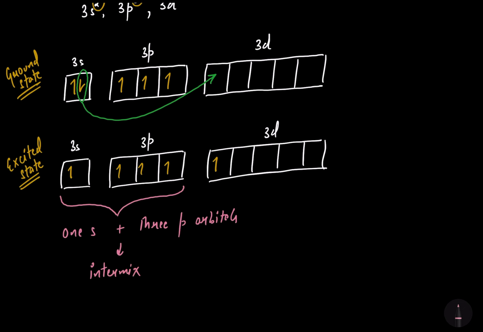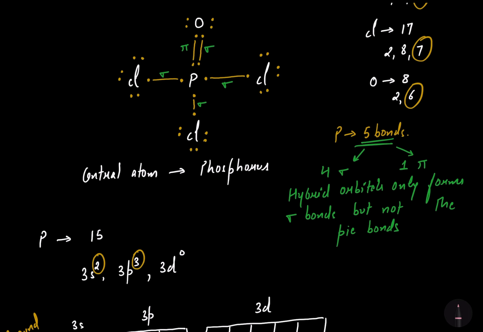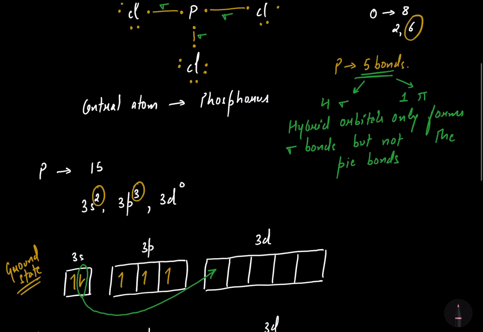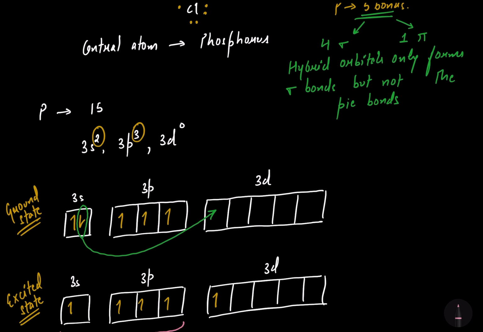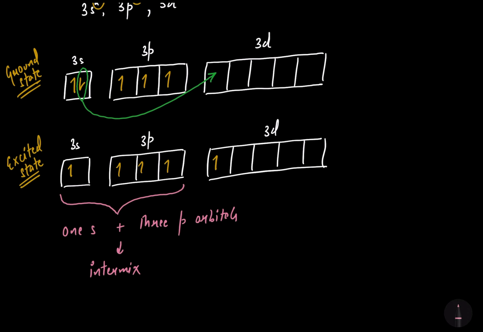Why have I taken only 4 orbitals, the 1s and 3p? Because in the Lewis structure we found that only 4 sigma bonds were forming, and one was the pi bond. So for the formation of 4 sigma bonds, the hybridization must involve only 4 atomic orbitals.